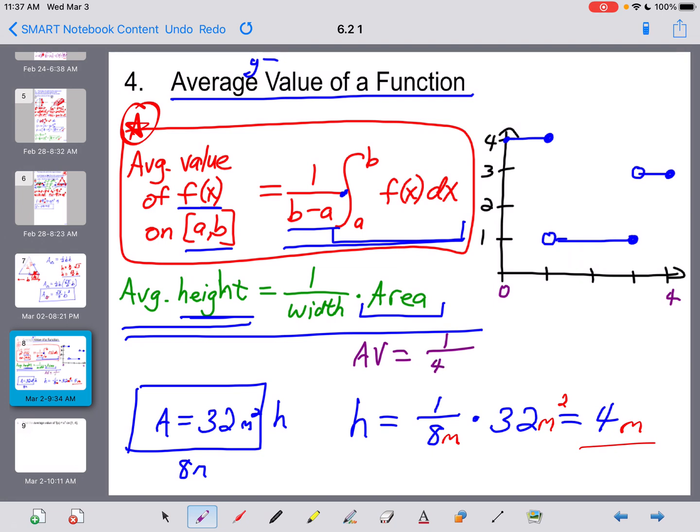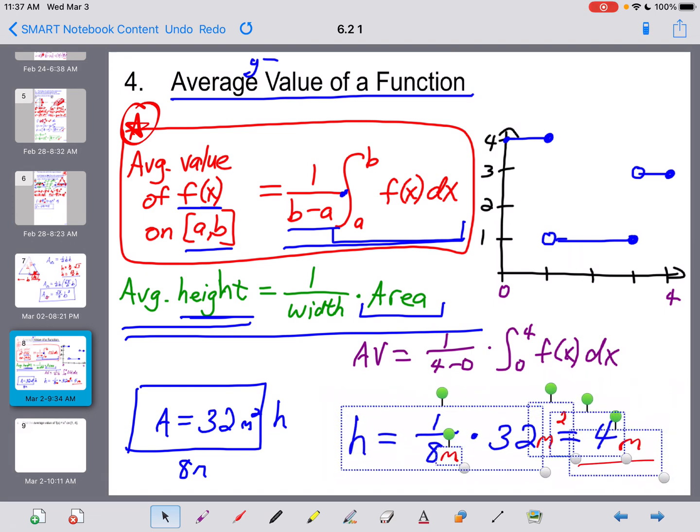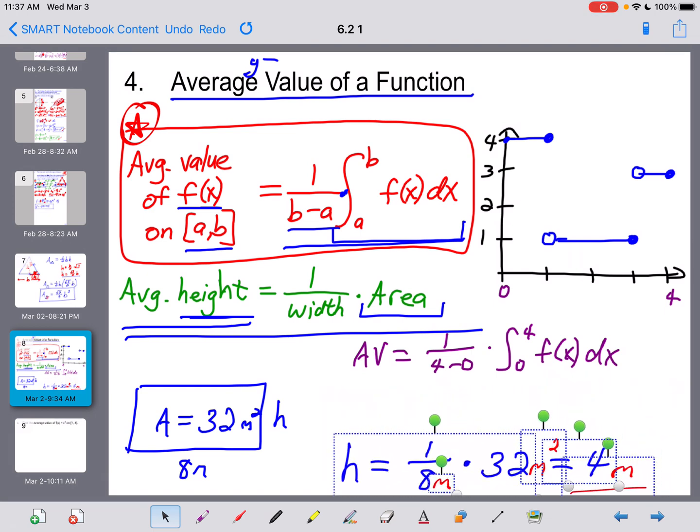So that's going to be 1 over 4 minus 0 multiplied by the integral from 0 to 4 of whatever this function is, which I didn't name, so I'm just going to generically call f of x, taken with respect to x. And let me clear myself a little more room here by sliding all of that down a ways.